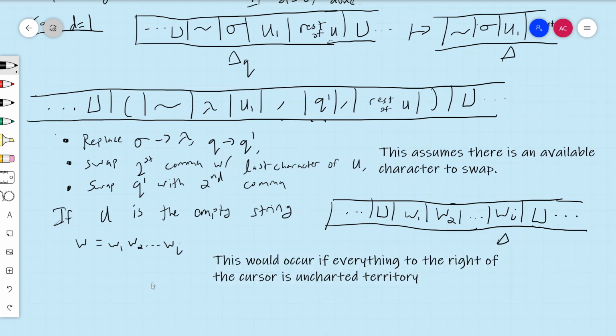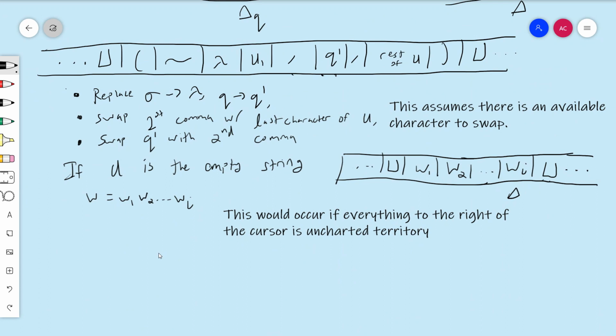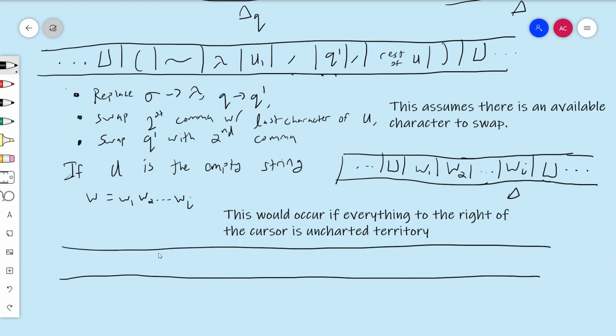And what that would correspond to as our configuration is it would correspond to ... blank, parentheses, stuff. Maybe I should say W1, W2, ... Wi, comma, Q, or lambda, Q, and then comma, and then it would just close off with the parentheses there.